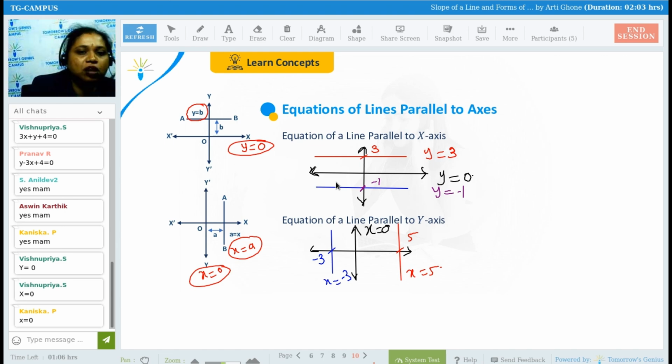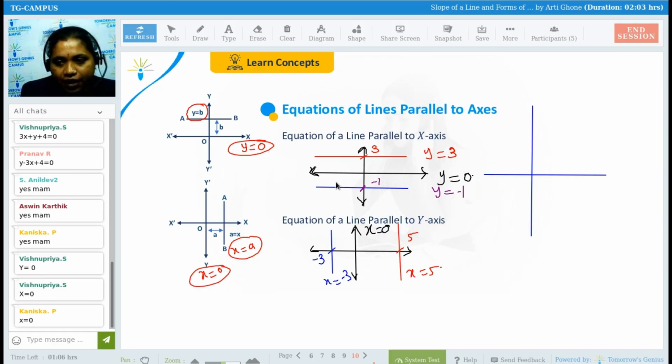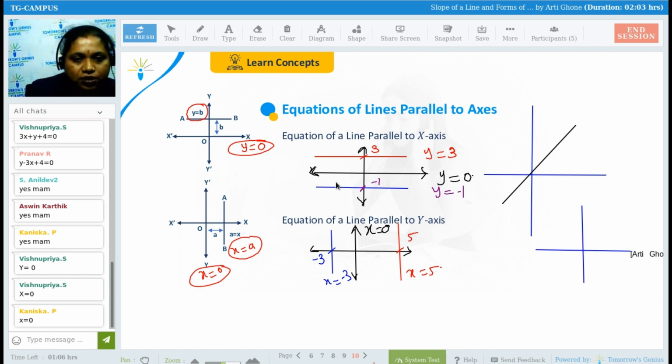Now a general question for all. What is the equation of straight line? Understand my question. Equally inclined in opposite quadrants. What is the equation of straight line equally inclined in opposite quadrants? So I'm taking both the types. And already these things are done.